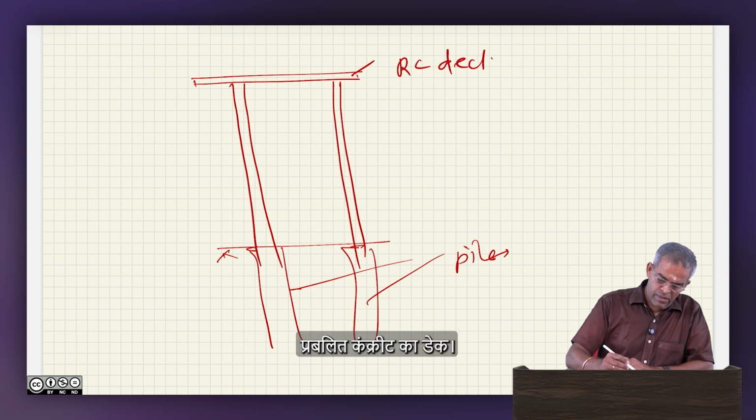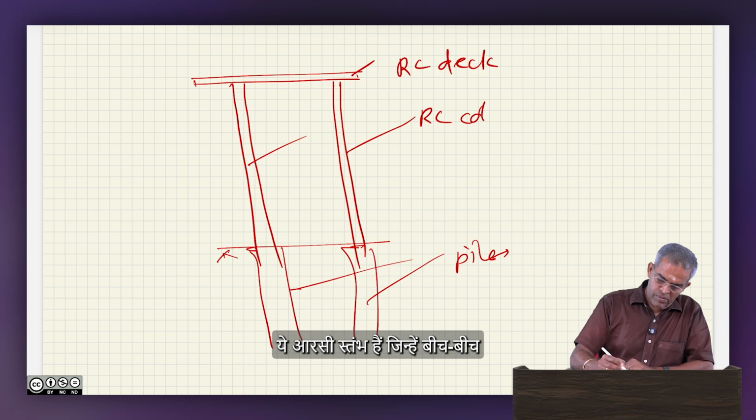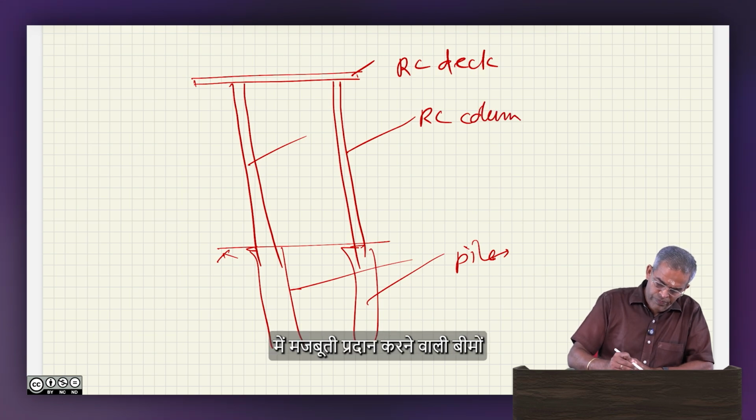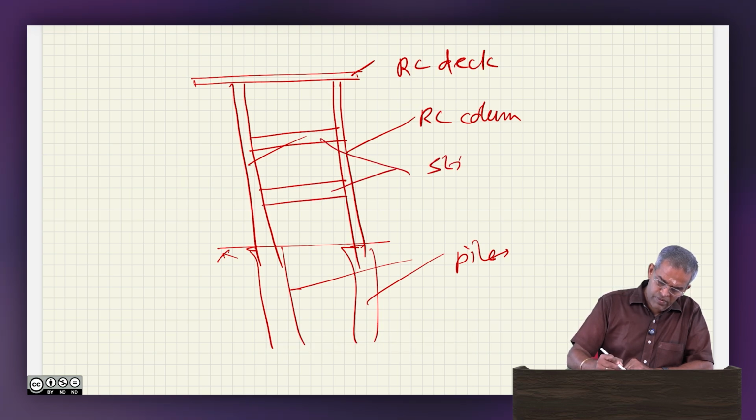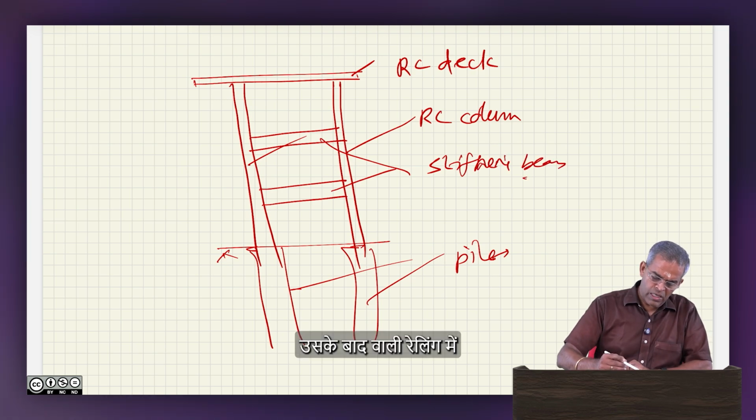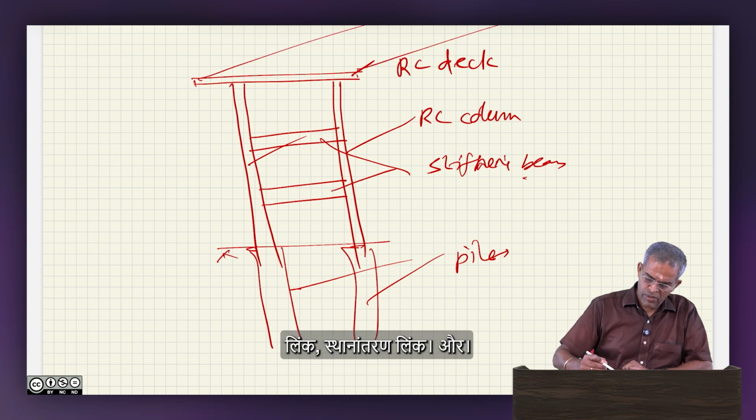Reinforced concrete deck. These are RC columns, which are also intermittently strengthened by stiffening beams. This is running for an entire length. So, it runs for a length.